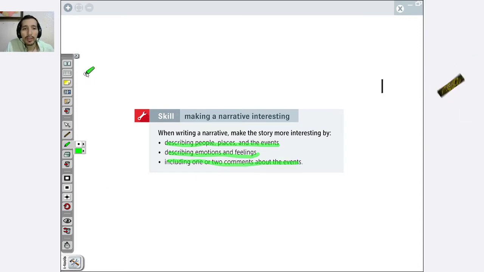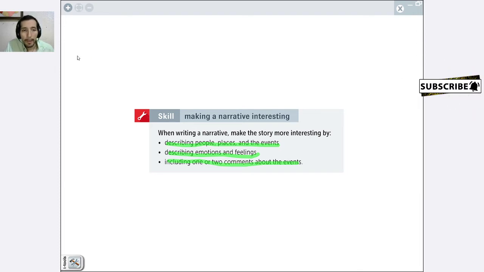This could be something more personal, in your own opinion. So these are three basic tips and recommendations to make a narrative interesting. Something to remember.